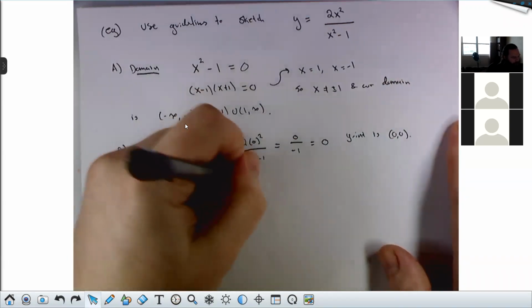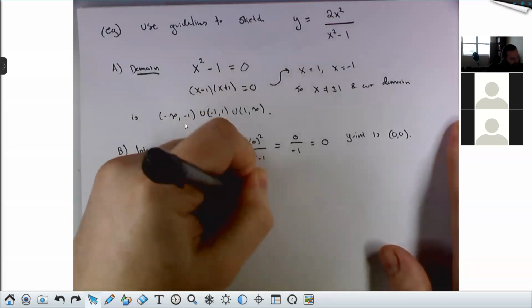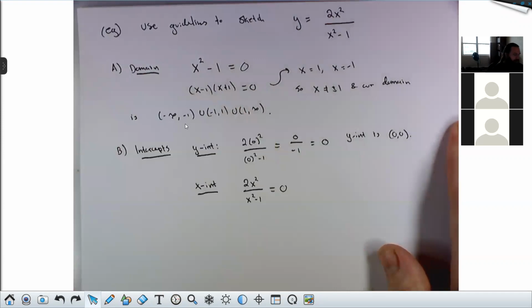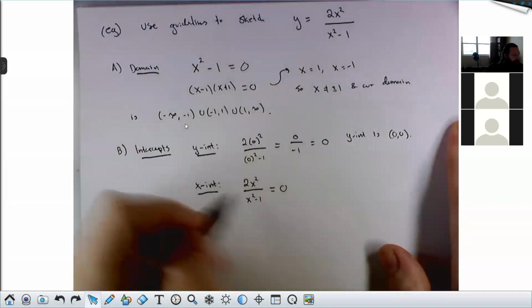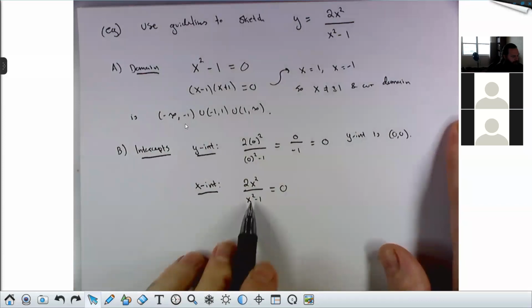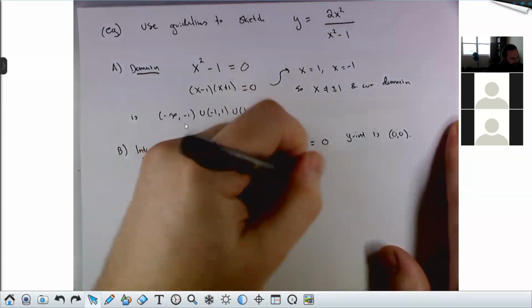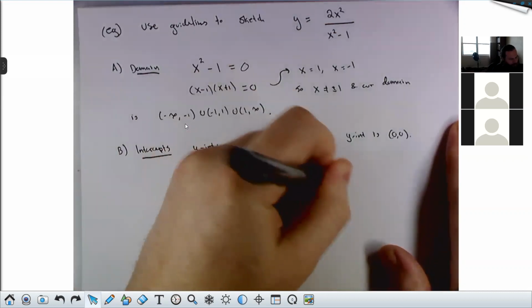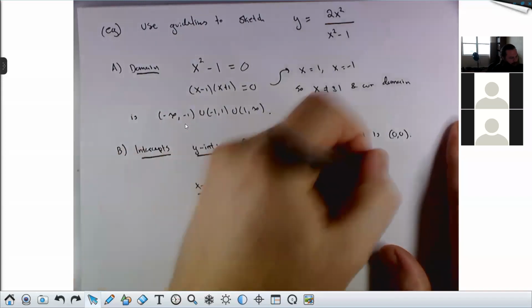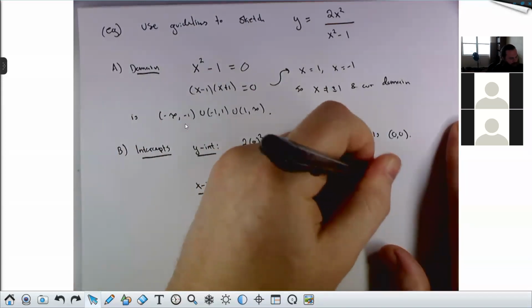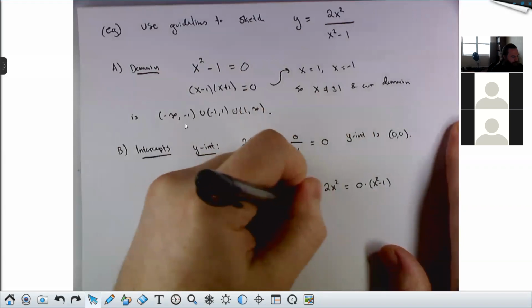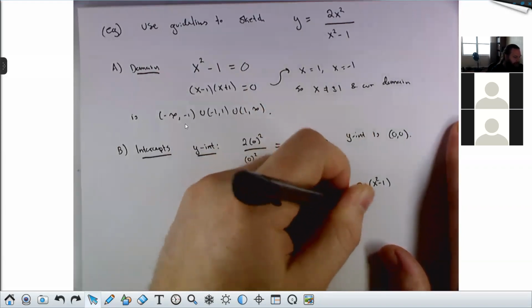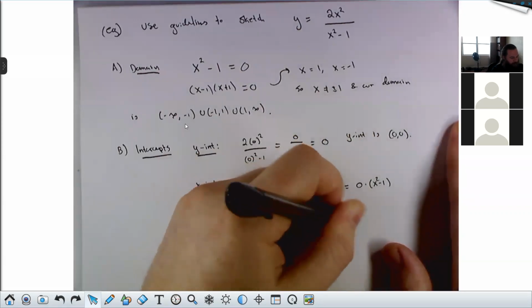And x-intercepts, we set the whole thing equal to 0. The first step towards solving this equation would be to maybe multiply over by this whole denominator. So I'd get 2x squared equals 0 times x squared minus 1. But that's the same as saying 2x squared equals 0, which is the same as saying x squared equals 0.